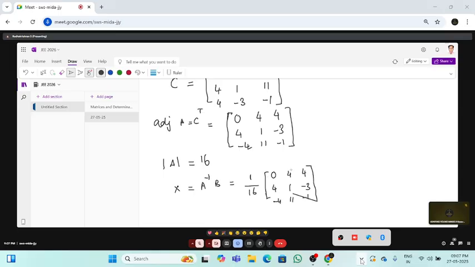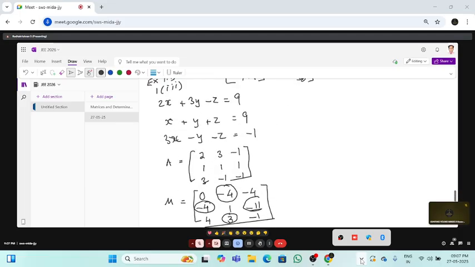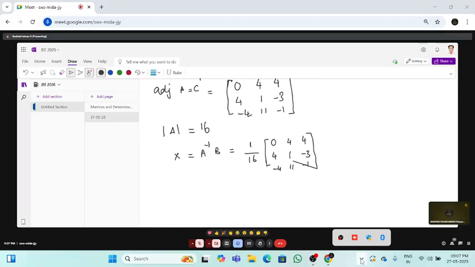One by determinant into the adjoint matrix is your inverse, A inverse. So we know that X equals A inverse into B. So you have to put B here. And what is B? 9, 9, minus 1.